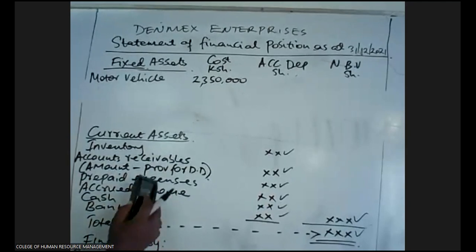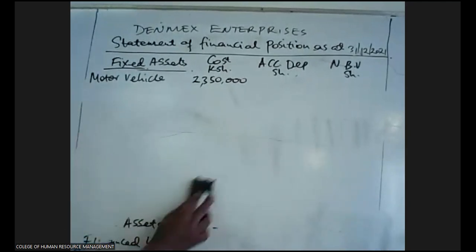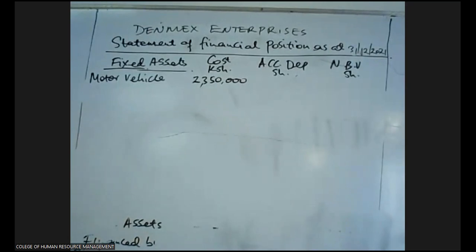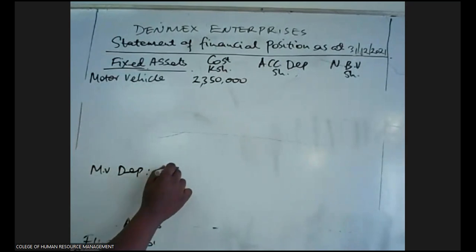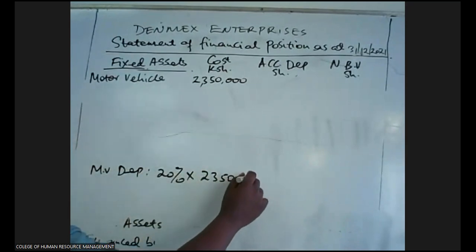So the depreciation is on cost. So it is going to be what? Motor vehicle depreciation, we are told, is 20% times the cost, which is 2,350,000.